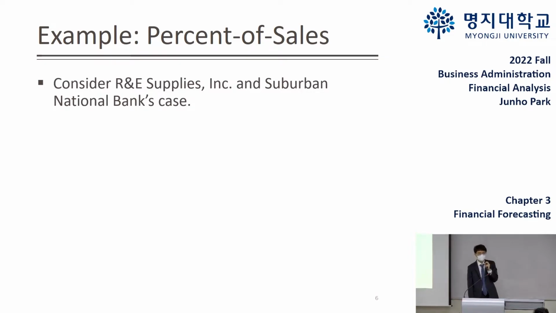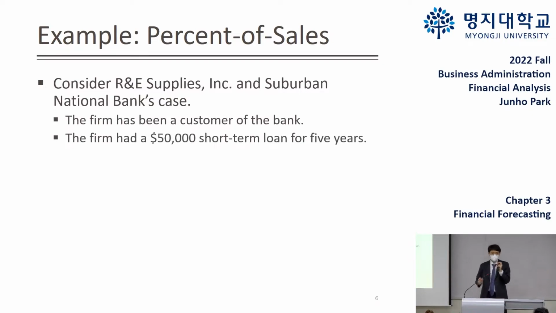So there are two firms, R&E Supplies, I'm just going to call it R&E, and another, a bank. R&E Supplies has been a customer of the bank, and approximately 5 years ago it borrowed $50,000 from the bank, and it was paying back the money, and now it is time to renew the contract, whether the bank should allow the renewal of the loan or not.